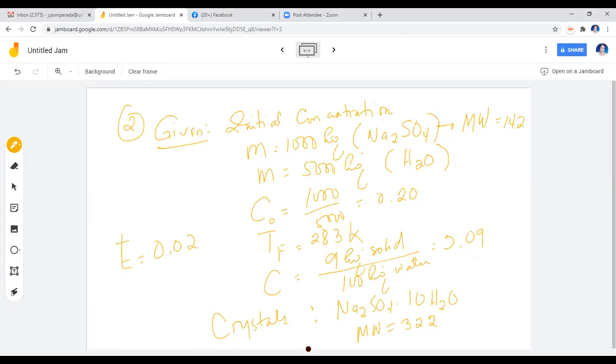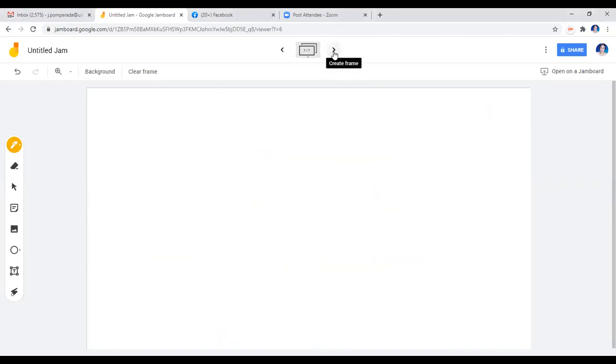So the problem is asking you to determine the yield. So it's the yield that is being asked, and we go back here and write required is the yield.